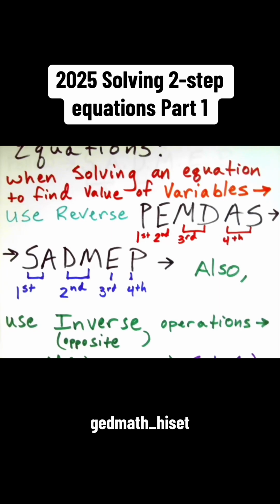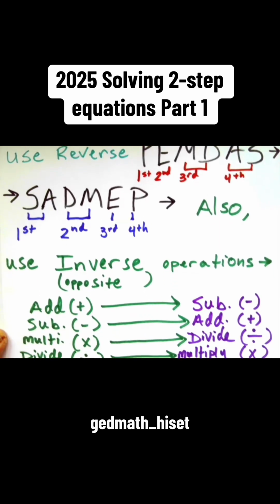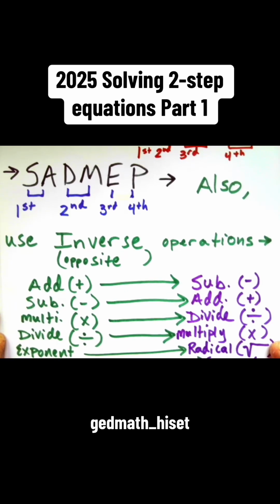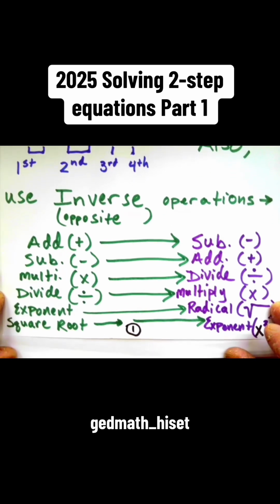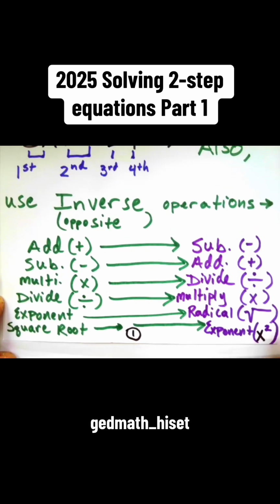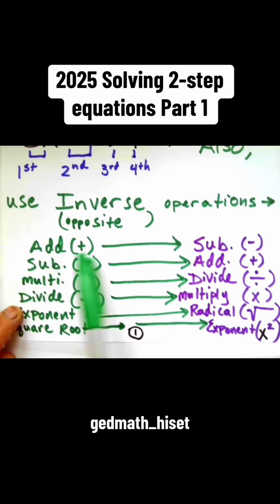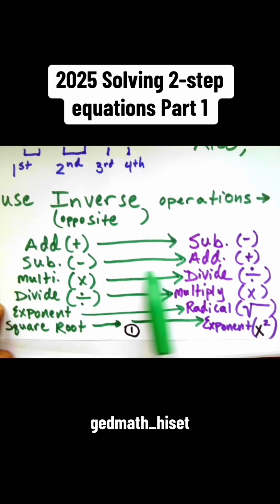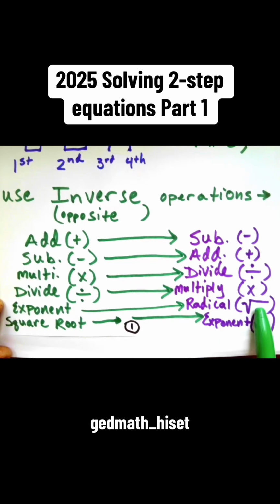So here is a quick reminder of using inverse operations. Again, the inverse, or the opposite of adding, is to subtract. The opposite of subtracting is to add. The opposite of multiplying is to divide. The opposite of divide is to multiply. The opposite of an exponent is the radical, or square root.